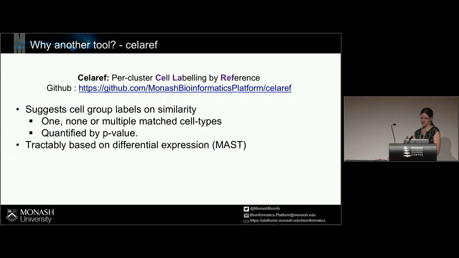It picks matches on the basis of some references. I'll get back to that, but it makes an attempt to do this at the cluster group level, and quantify that by a p-value, all based on differential expression, because that was easy.